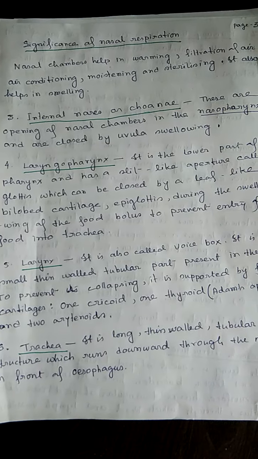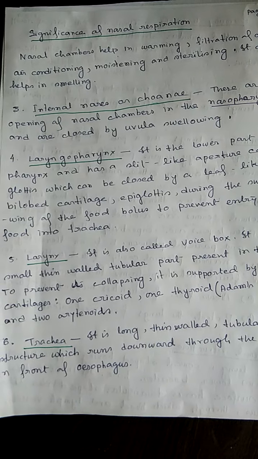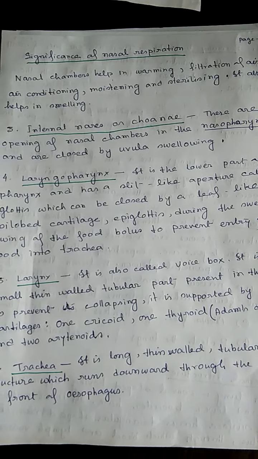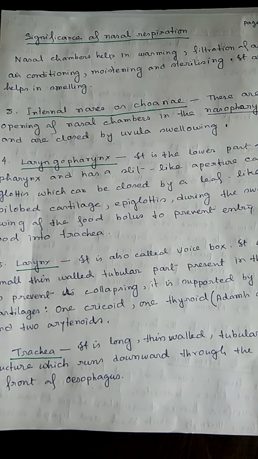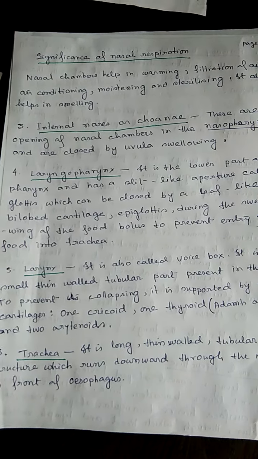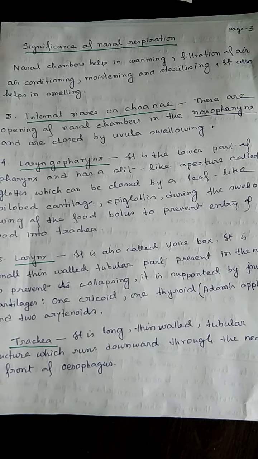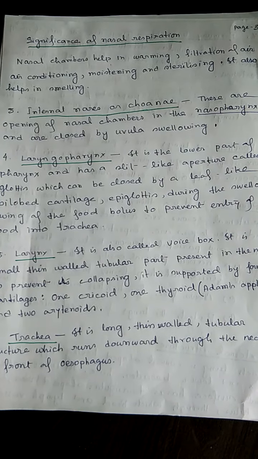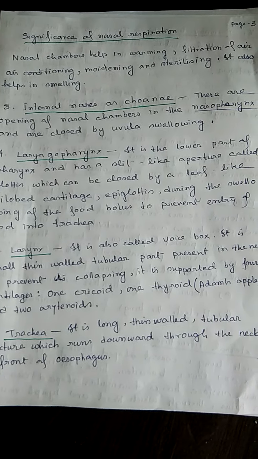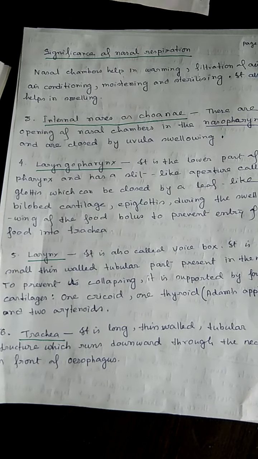Next part is the pharynx, which is known as the laryngopharynx, and it is the lower part of the pharynx and has a slit-like apparatus which is the glottis. All of you know the glottis, which can be closed by a leaf-like bilobed cartilage, the epiglottis, during the swallowing of food. Okay. The next part is the larynx. It is also called the voice box.